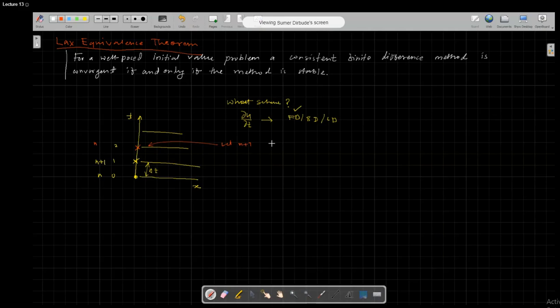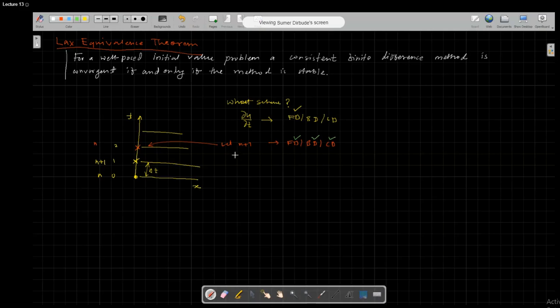Then which scheme: forward difference, backward difference, or central difference? All three are possible, isn't it?